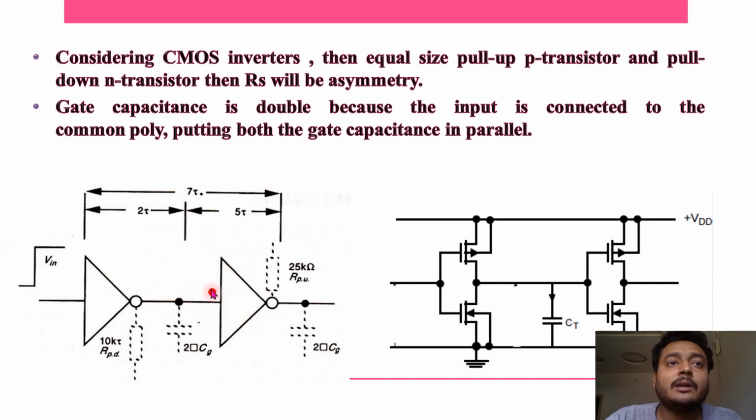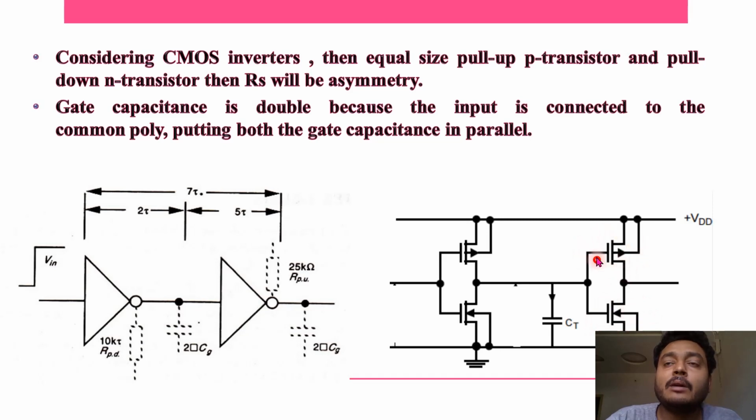If you give 0 here, what are the conditions of these two transistors? This NMOS will be off since logic 0 is there, so PMOS will be on. Since PMOS is on, the delay contributed by this inverter is contributed by this PMOS device, not this NMOS device.